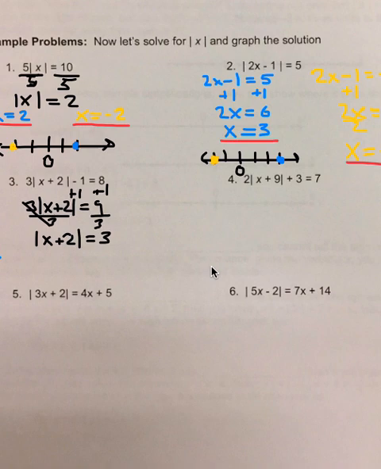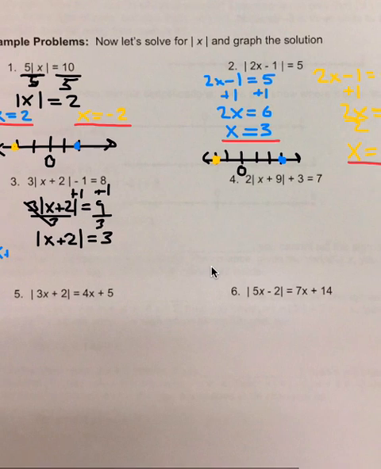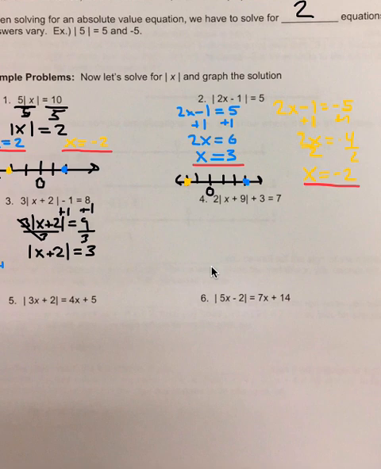Oh sorry, you can't see that one. We'll be able to see it here in a second. x plus 2 equals 3, and x plus 2 equals negative 3.